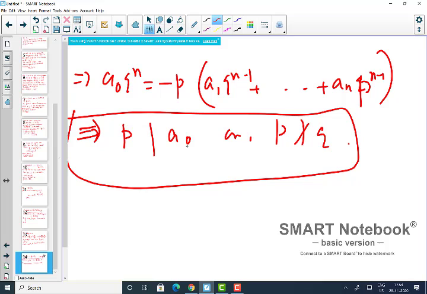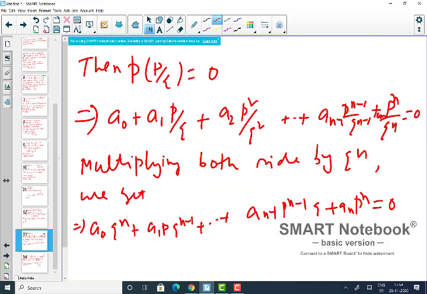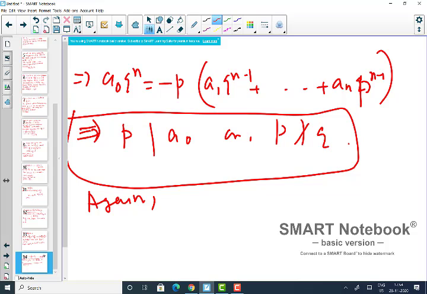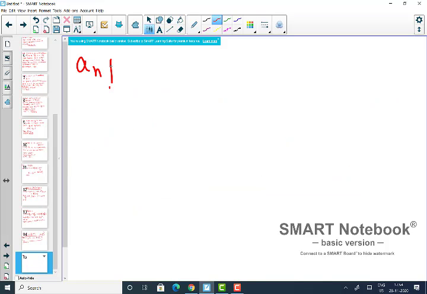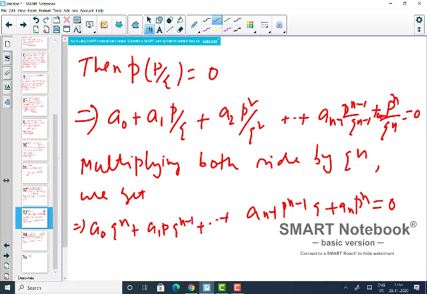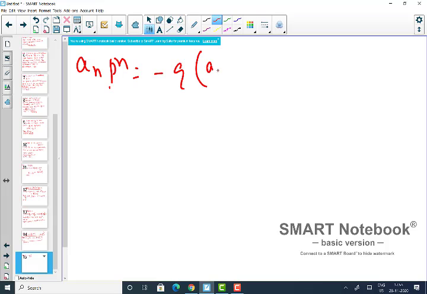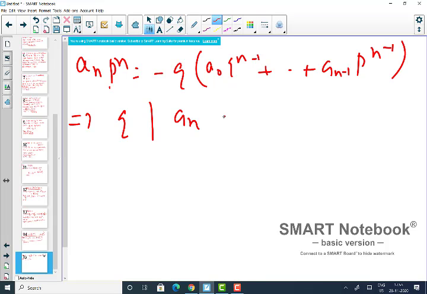Okay, and again you can write this in another way also. You can take this part outside, write a_n p power n, and then minus q times all the other terms: a0 q power n minus 1, and so on, a_{n-1} p power n minus 1, right? And again this implies q divides a_n as q also does not divide p.